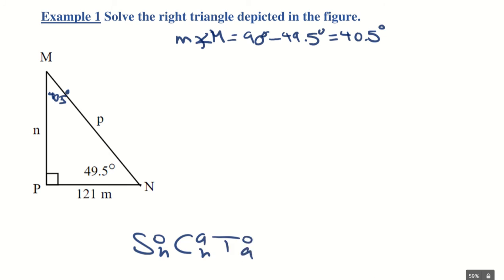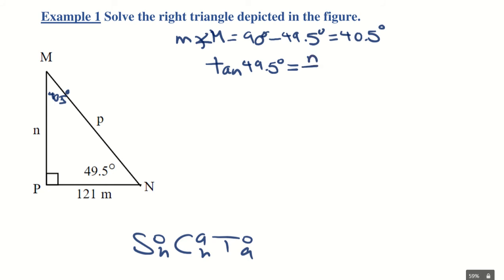So which of these 3 functions deals with opposite and adjacent, right? Notice that that would be the tangent. So that's what we're going to utilize. We're going to say the tangent of 49.5 degrees equals opposite over adjacent, right?